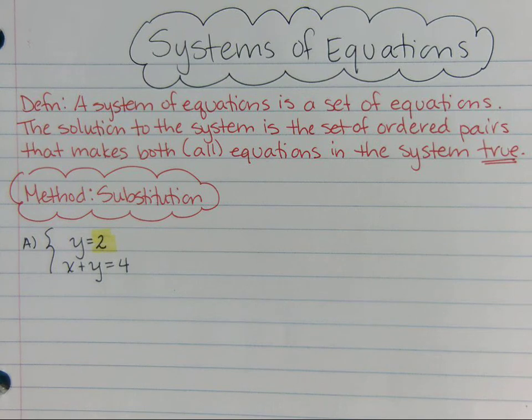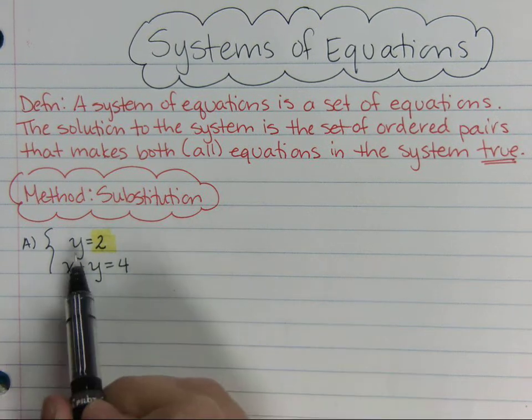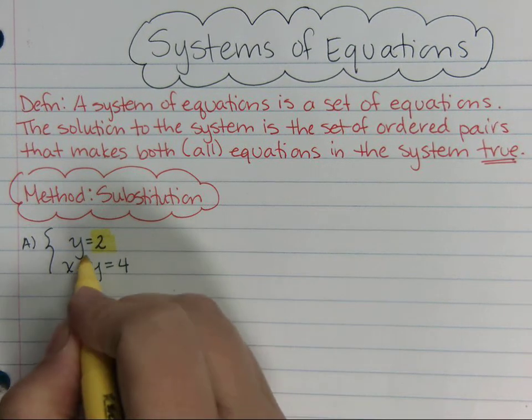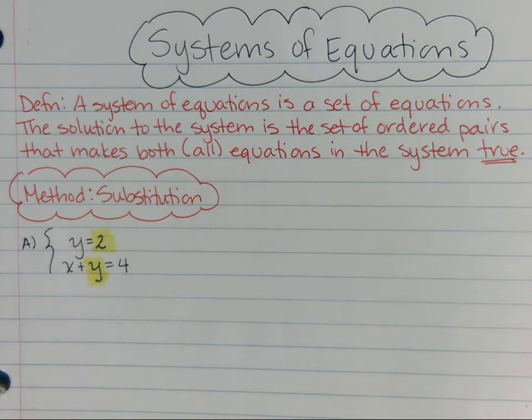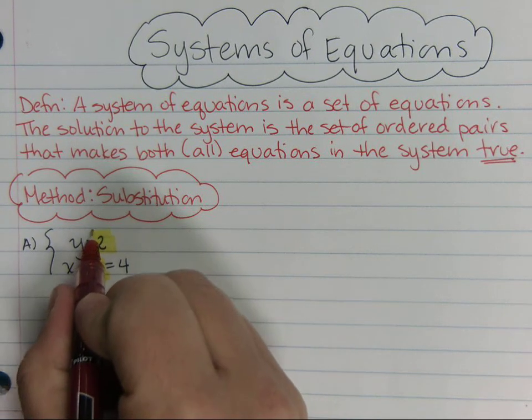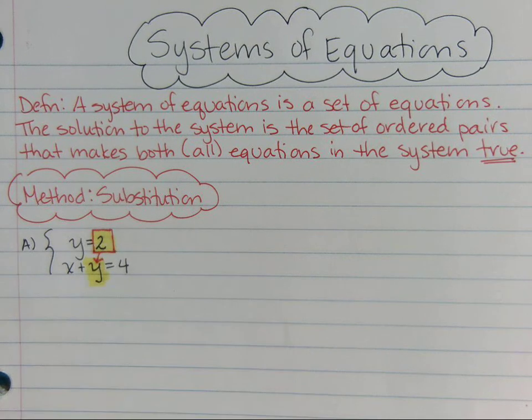In this case, we have one equation that already says what y equals. Y equals the value of 2. And so we're going to use that information and substitute that into our other equation. And so this is the method of substitution. Take the information from one equation and substitute into the other so you can start solving.